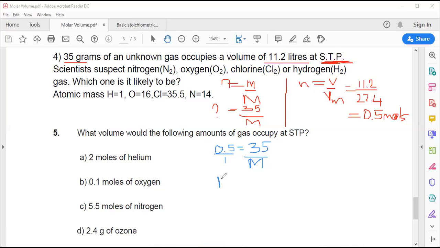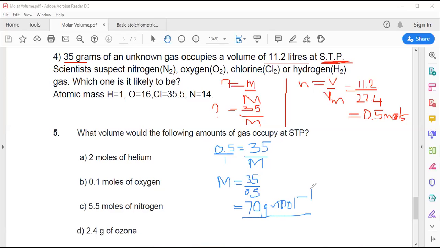My molar mass, I swap those two, it's going to be 35 divided by 0,5. My answer is 70, and this becomes grams per mole.